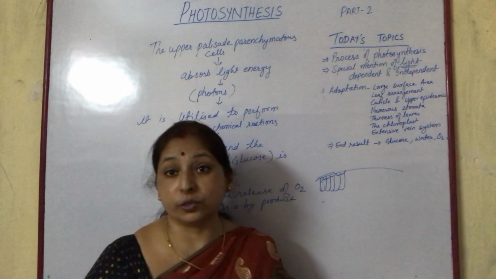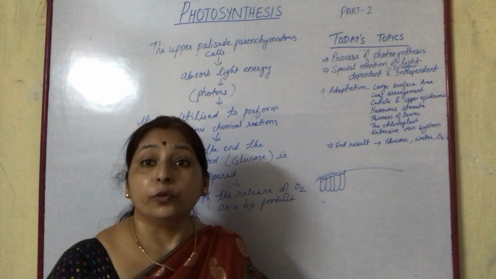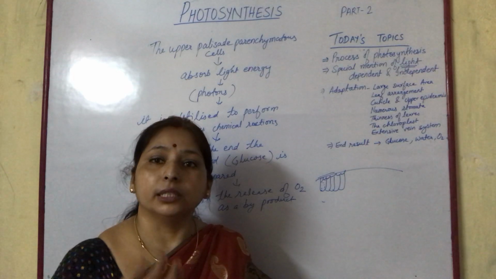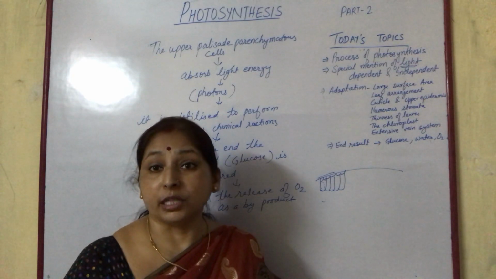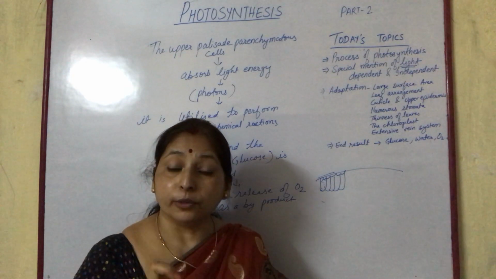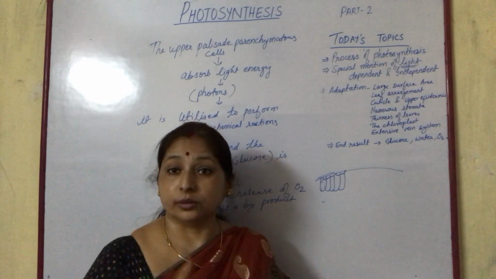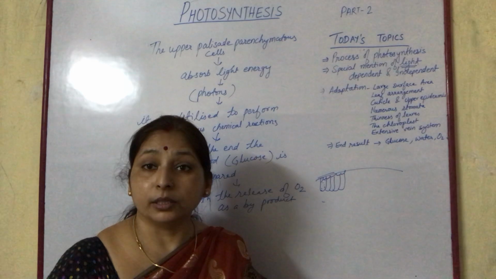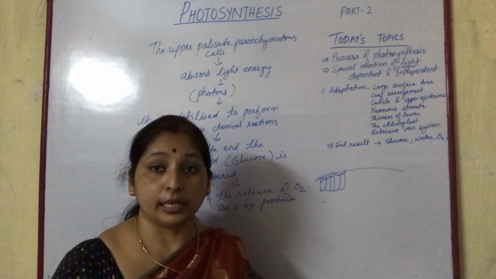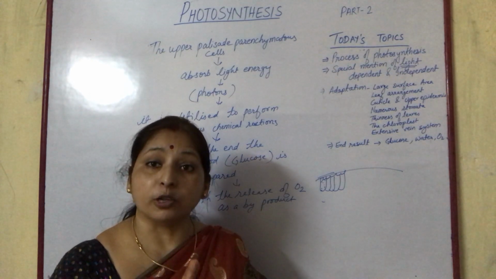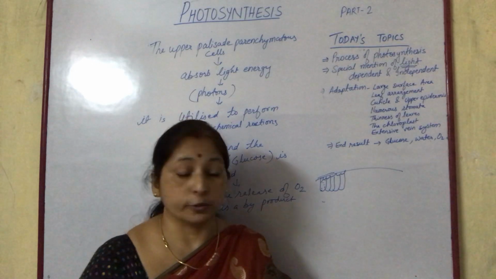The end product of photosynthesis is oxygen, which is much more than the amount utilized by the plant for respiration. So always mark that plants use oxygen during respiration and release carbon dioxide only. The process is the same for plants also.